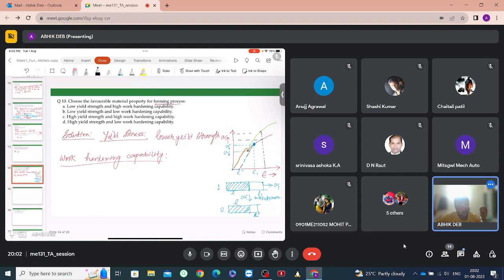If we have to give more and more stress, it becomes a problem for us in the forming process, right? We have to give the force manually or using some particular machine.